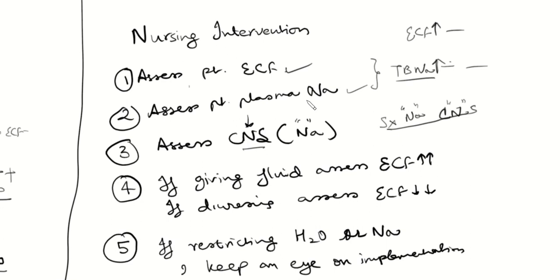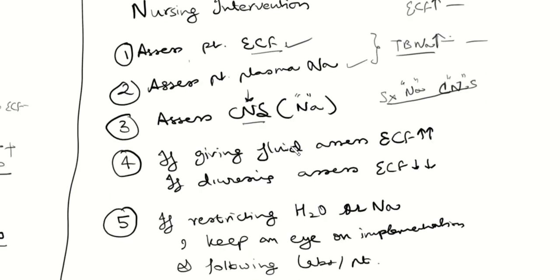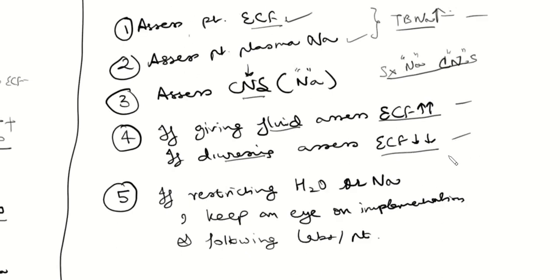As their plasma levels start to get better, their extracellular fluid starts to come in line, they would clinically improve. If you're giving fluids, assess for extracellular fluid overload. If you're diuresing, assess for what? Extracellular fluid deficit. Why? Too much, too little. Watch out, keep your eyes open.